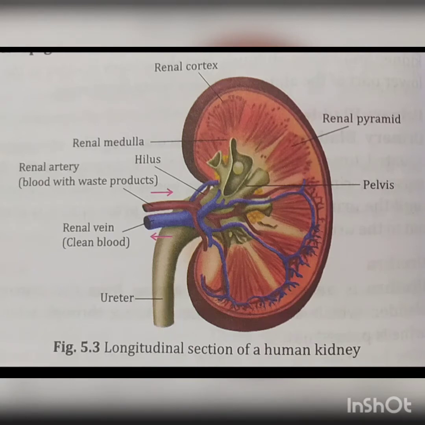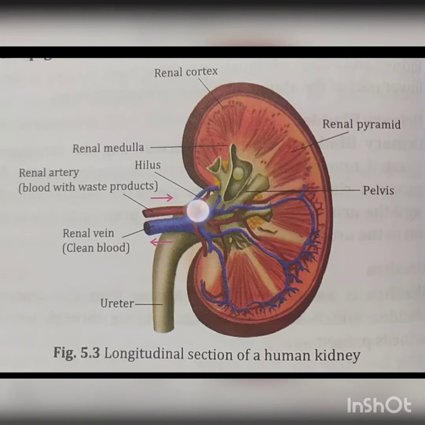Each kidney receives its blood supply from the renal artery and is drained off by the renal vein. On entering the kidney through the hilus, each renal artery divides into a number of branches called arterioles.